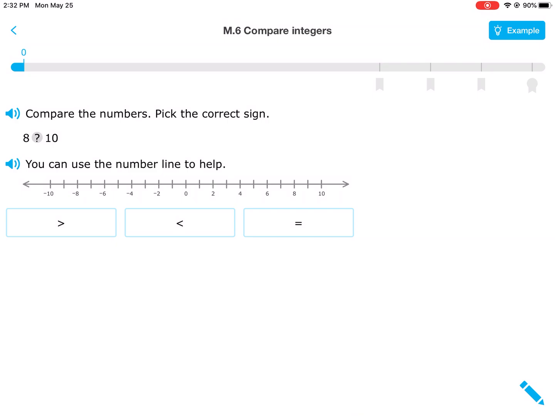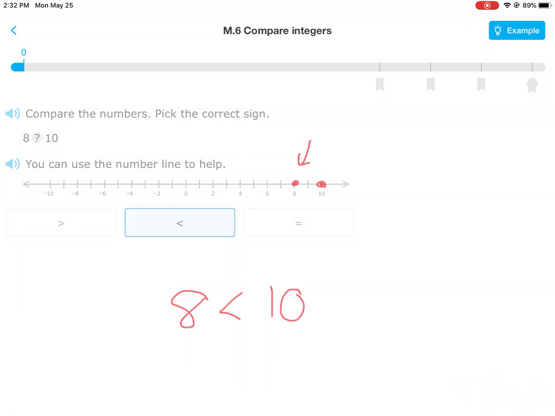Compare the numbers, pick the correct sign. So we have 8 and we have 10. Well, that's relatively easy for you guys. But what you can do, and I really recommend you guys using number lines. I know this is really simplistic right now, but 8 and 10. 8 is the value that is further left. So that would mean that 8 is less than 10. Okay?